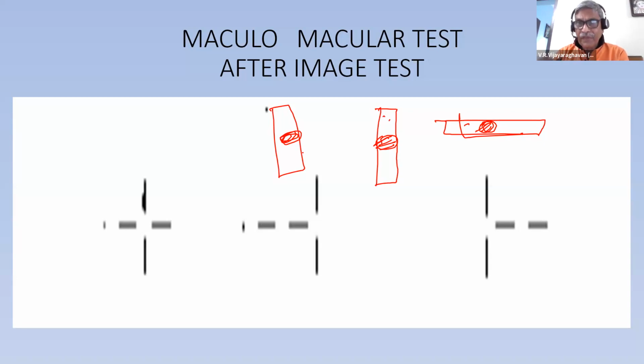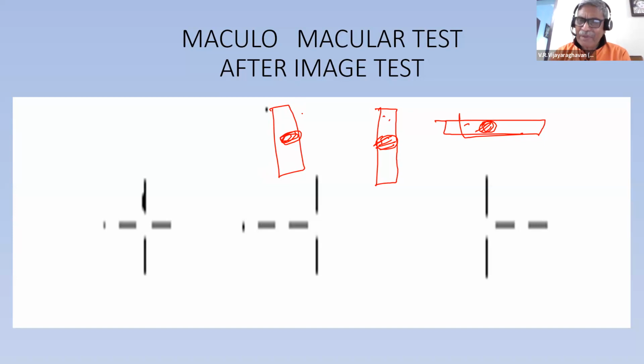I already told you the fovea will take fixation when you cover the normal eye in ARC. Now this vertical light is falling on the fovea of the ARC squinting eye. Now you ask him to draw the after images.